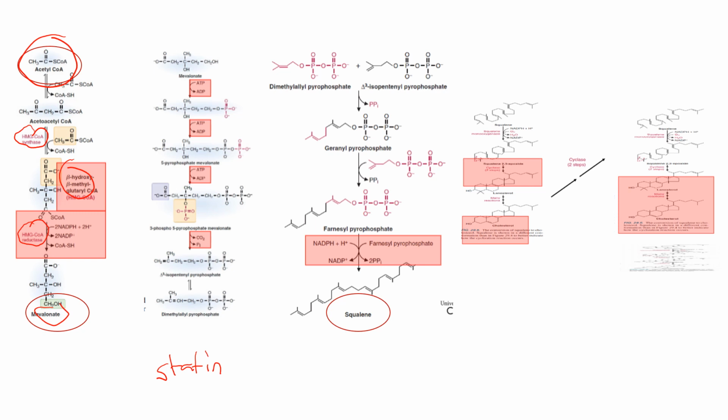Now, the next few steps, you don't really need to know what they do specifically. The only thing I would recommend knowing is that all three of these require ATP input. So cholesterol synthesis is a very high energy process. Oops. There we go, my pen wasn't working. High energy.